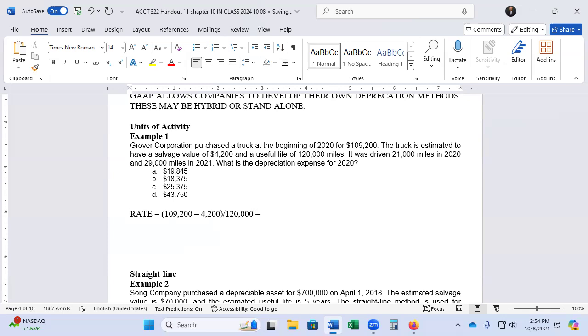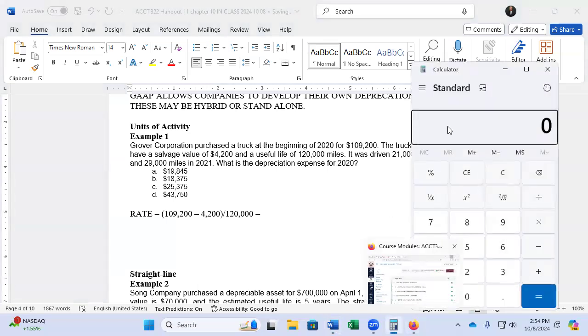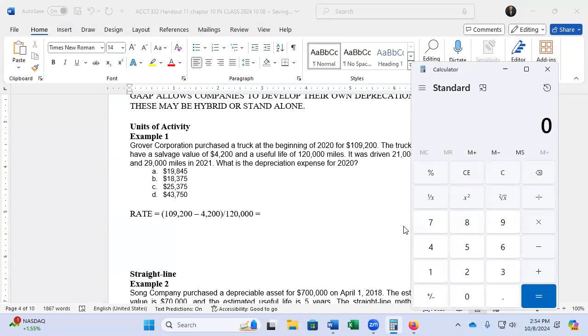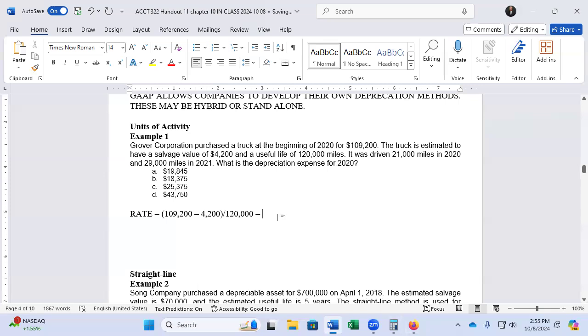And so that's going to give us 105 divided by 120, which is 0.875.